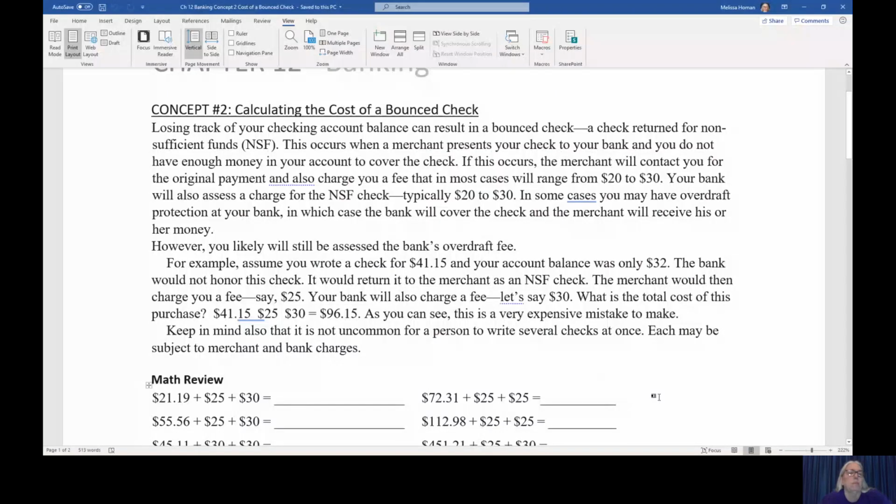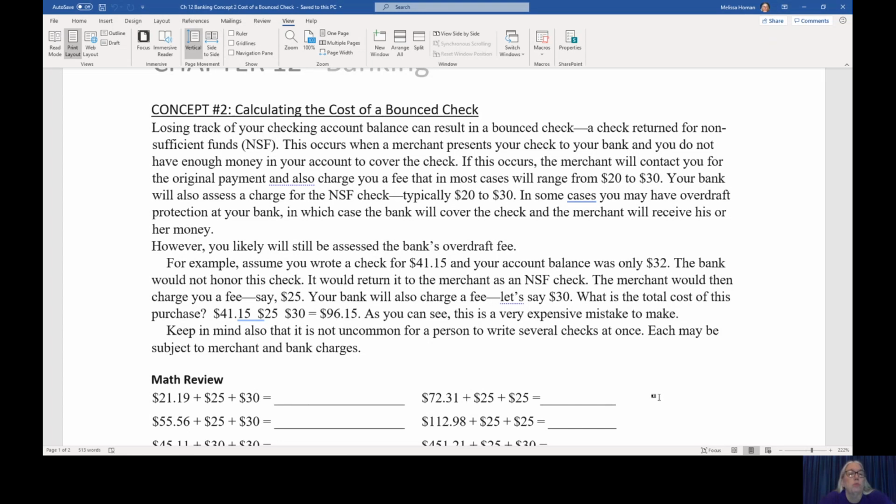How do you calculate the cost of a bounced check? First, I am going to share my screen, and we're going to read this first example. Losing track of your checking account balance can result in a bounced check. A check returned for non-sufficient funds, NSF, occurs when a merchant presents your check to your bank and you do not have enough money in your account to cover the check.